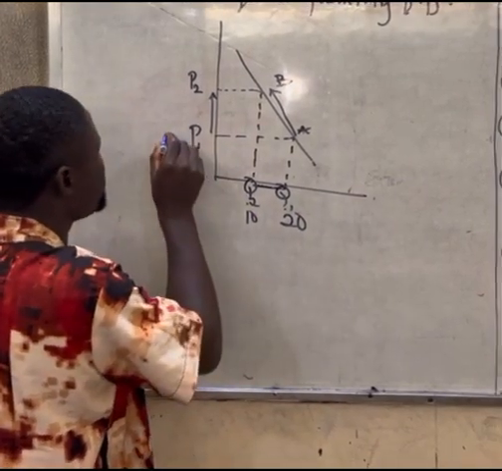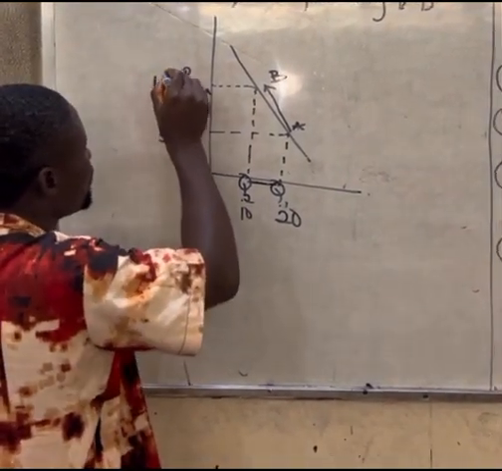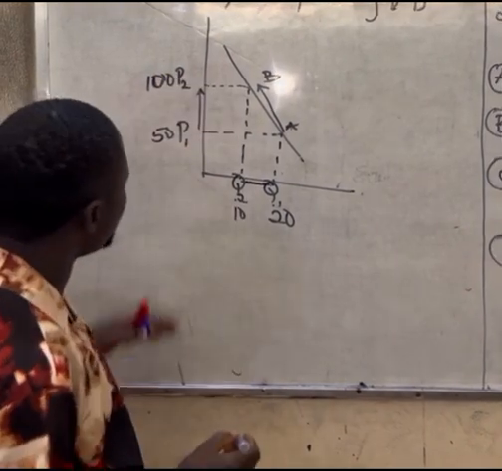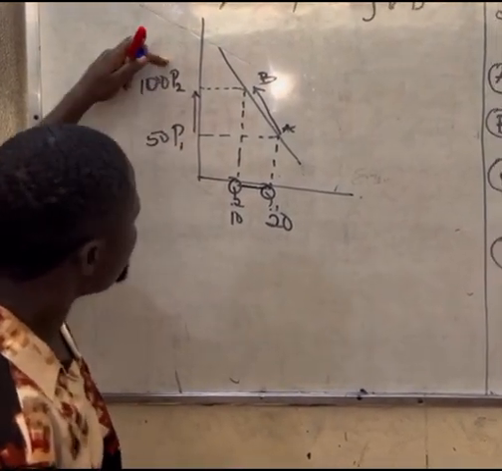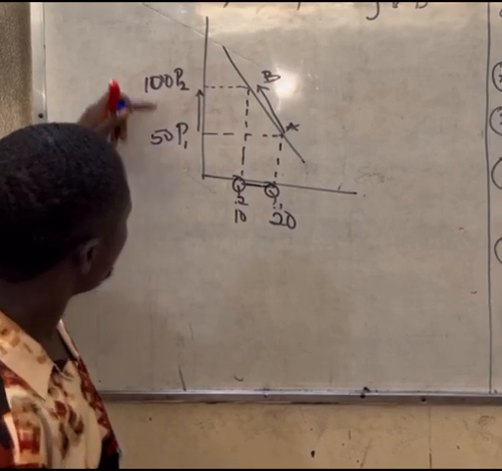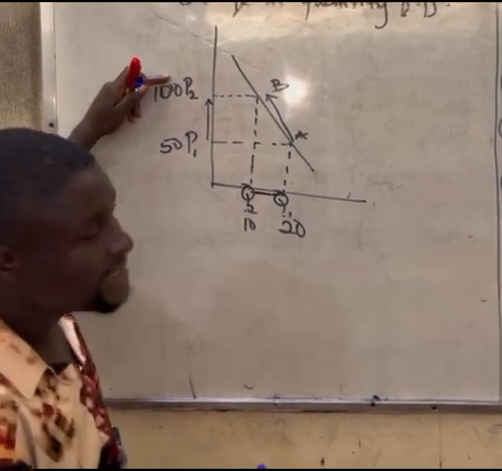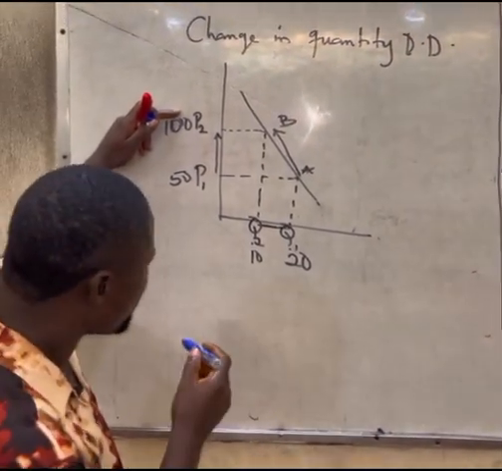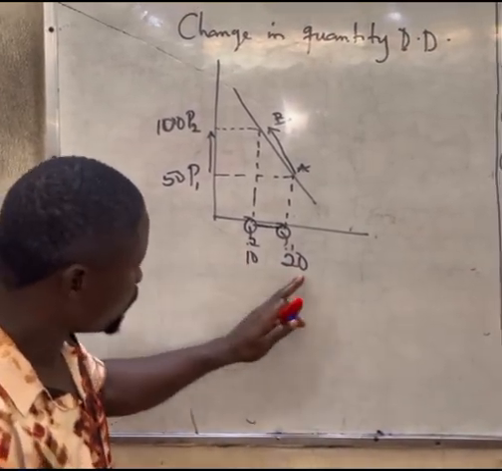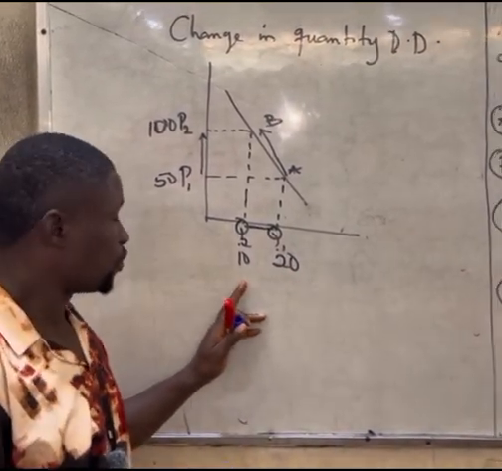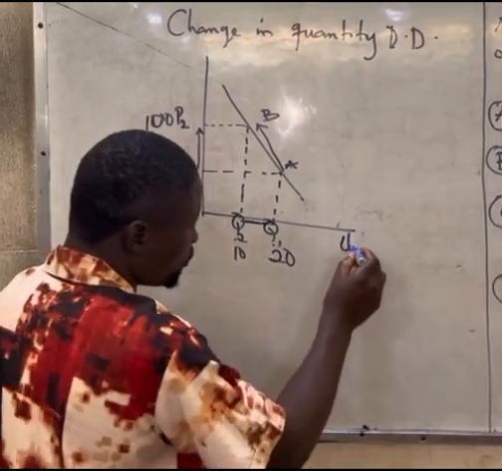The price here can be 50, then here will be what? 100. You can see that an increase in price of the commodity from P1 to P2, or from 150 to 100, leads to a decrease in quantity demanded of this commodity from Q1 to Q2, which is 20 to what? To 10 units. All of these are measured in what?